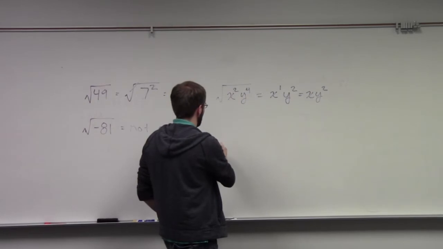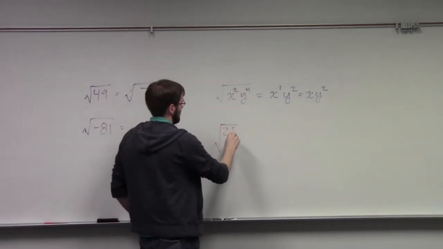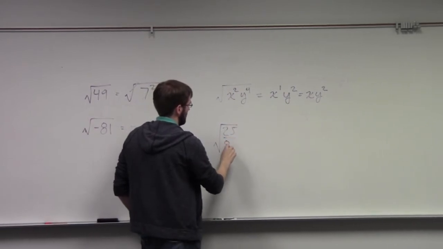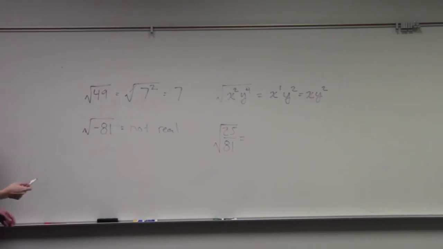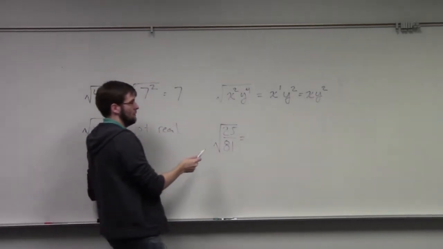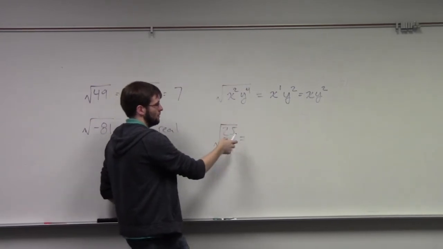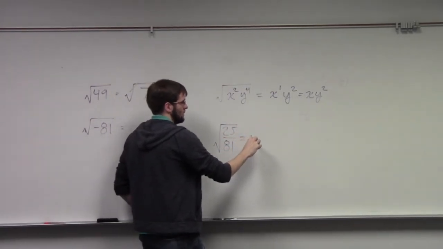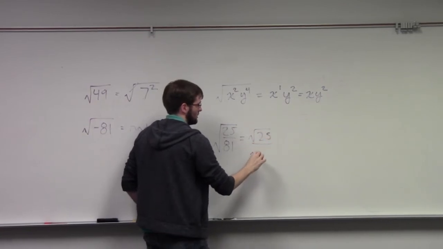And the last of the easy ones, we have the square root of 25 over 81. One of the properties of radicals is that if we have a division problem, we can split up the radical, and even with multiplication too. So here I want to break apart this large radical into smaller pieces.